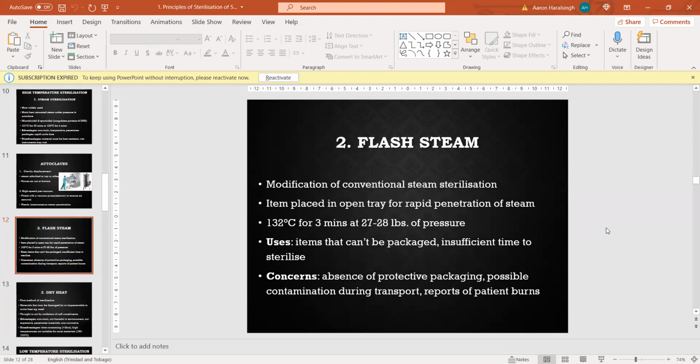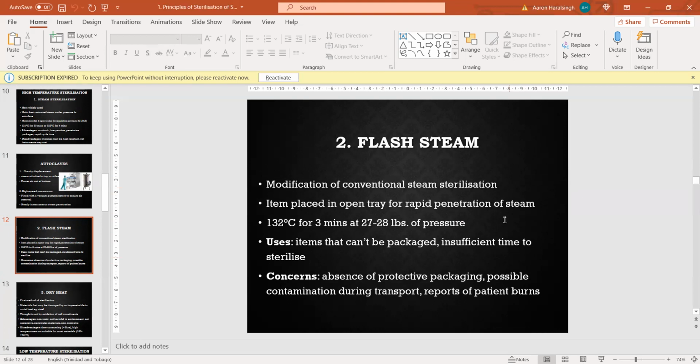All right. Flash steam is one of the ones that I alluded to earlier, where you put the instrument in there at 132 degrees for 3 to 4 minutes, and it is done under pressure as well, 27 to 28 pounds of pressure.